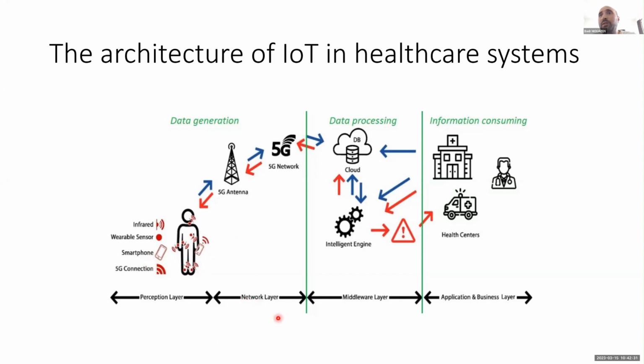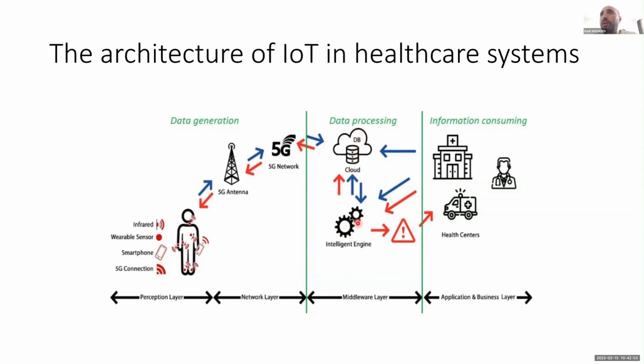So in the second layer, the network layer, the data can be transferred to the processing engine. This can basically be the cloud. You can see here it's represented by this scheme, and DB means database.